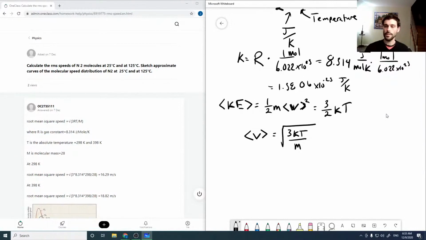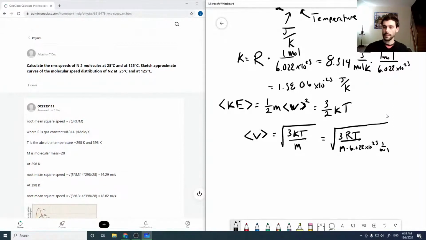But as k is our ideal gas constant over Avogadro's number, this is just the square root of 3RT over m times Avogadro's number, which would be in 1 over mole.